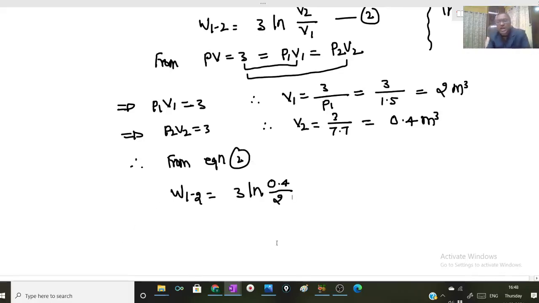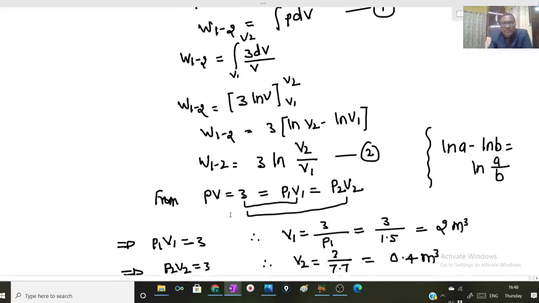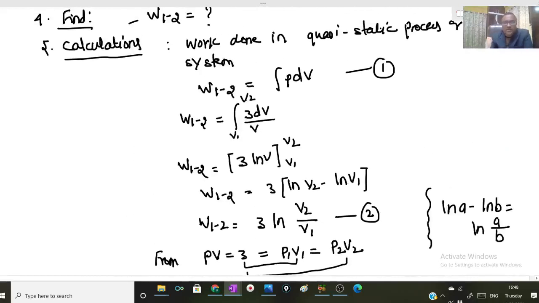Now one more thing I forgot to mention here. Pressure is to be considered in SI unit. So while representing PV is equal to 3 or P is equal to 3 by V, pressure is to be considered in Newton per meter square. Only then I will get the unit as this.